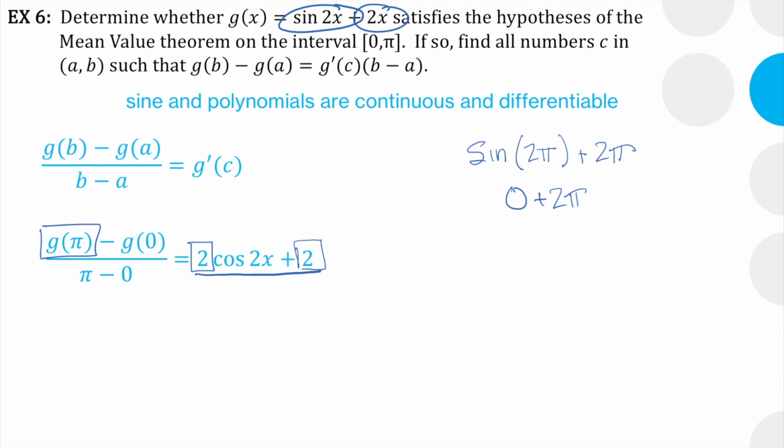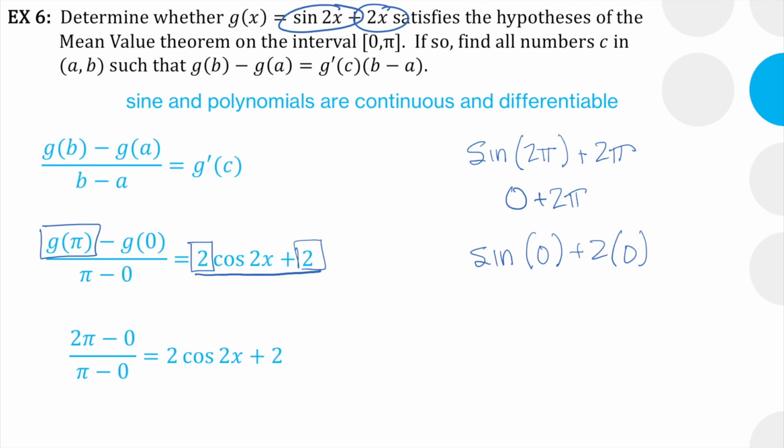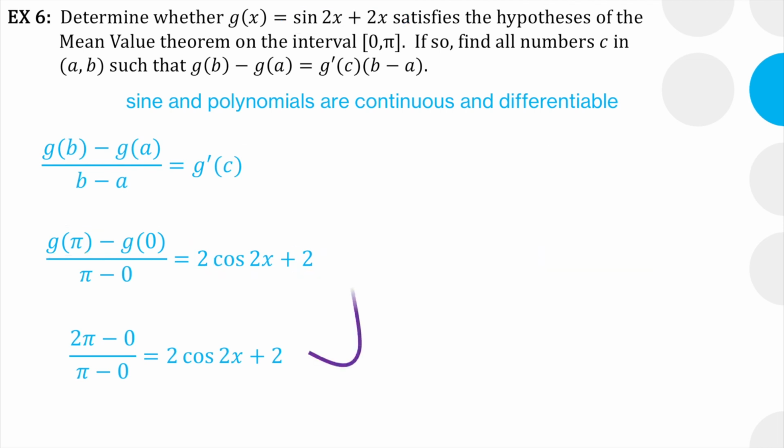And then g of 0, we've got sine of 0 plus 2 times 0 is 0. 2 pi minus 0 over pi minus 0 equals 2 cosine 2x plus 2. Now we have to solve that. So my pi's cancel out. 2 equals 2 cosine 2x plus 2. Subtract 2 from both sides. And then 0 equals cosine 2x.